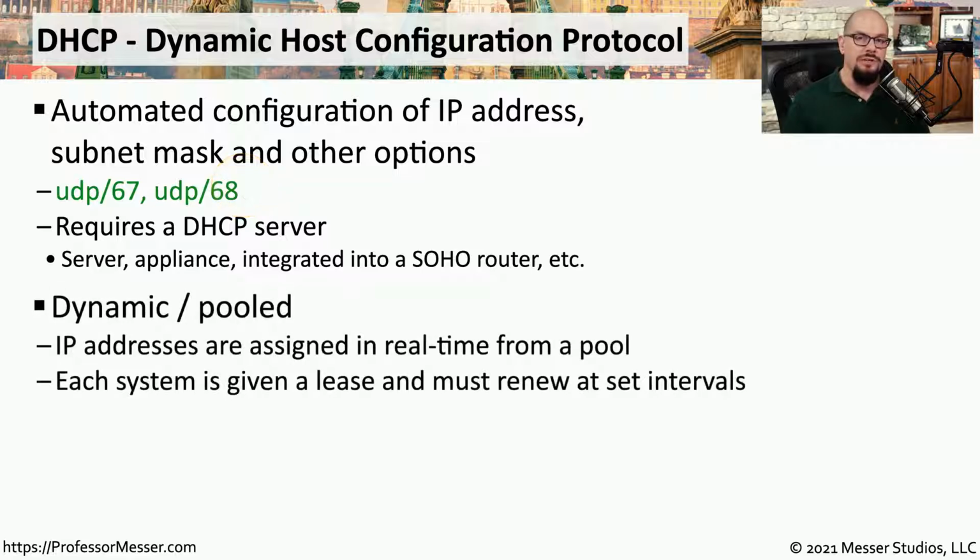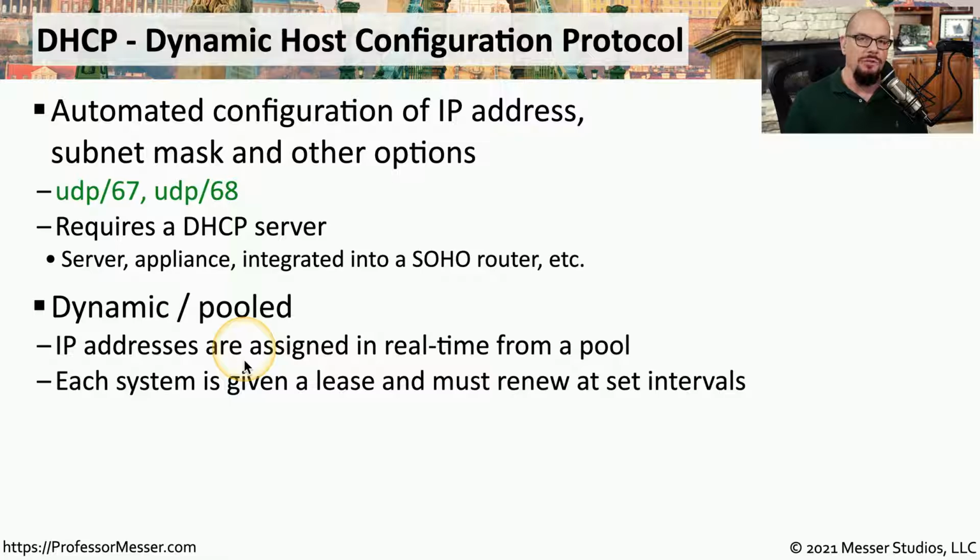Your DHCP server commonly has a group of IP addresses that can be handed out to devices. This is called a pool of IP addresses, and there is a lease time associated with that pool. So you'll commonly assign that IP address to a device, and you'll tell that device that it is able to use that IP address for 24 hours.